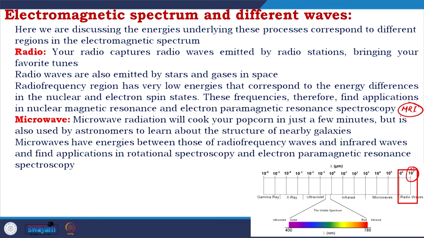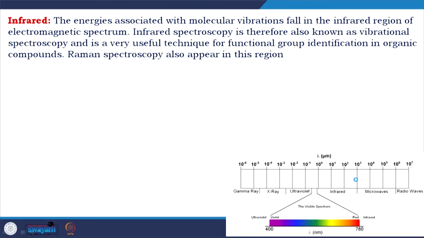Coming to microwave, microwave radiation will cook your popcorn in just a few minutes, but it is also used by astronomers to learn about structure of nearby galaxies. Microwaves have energies between those of radio frequency, radio wave and the infrared, and find application in rotational spectroscopy and electron paramagnetic resonance spectroscopy.